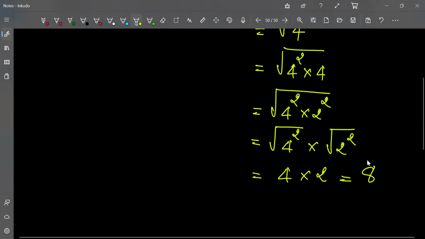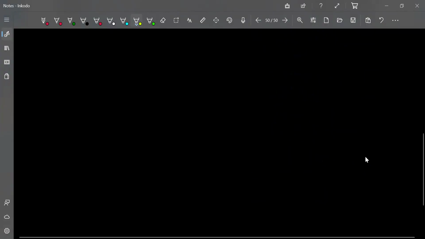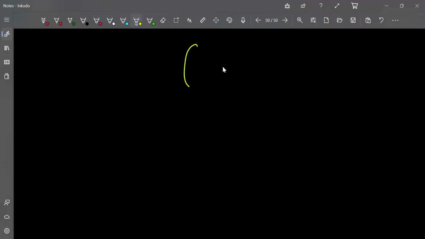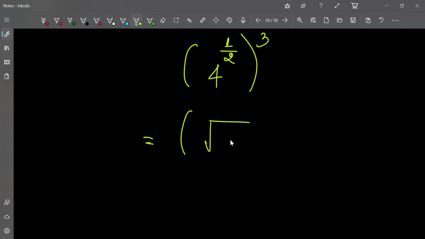Okay, so now let's move to the easiest way to solve the exercise. For the easiest way, the expression is 4 power 1 over 2, all power 3. So now we can change 4 power 1 over 2 into the square root of 4, all power 3.